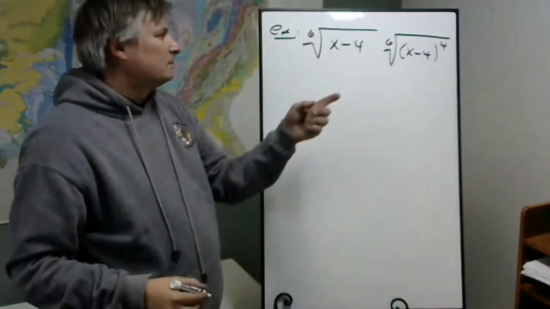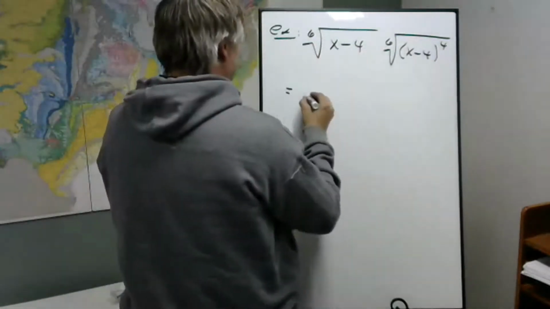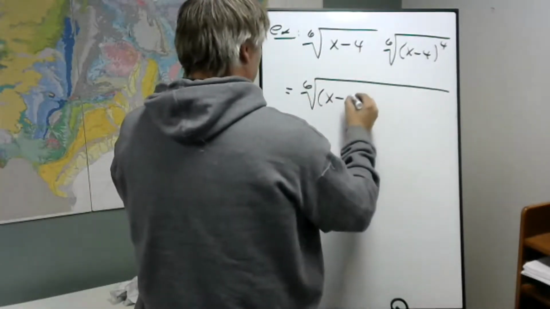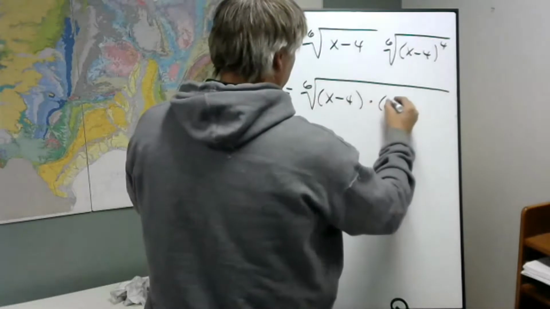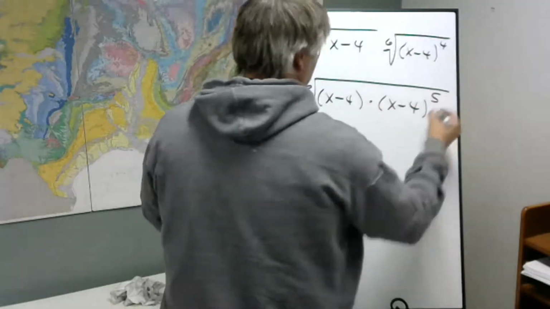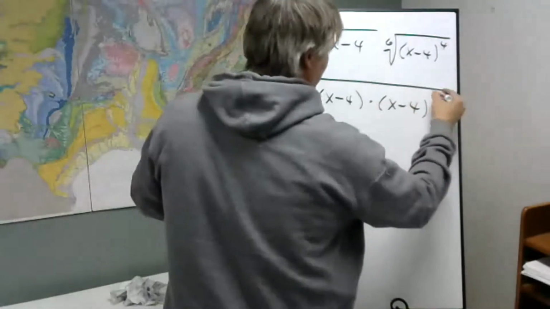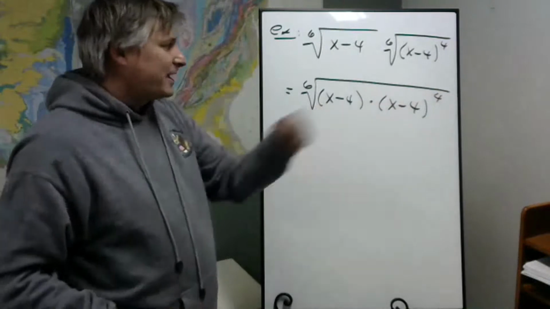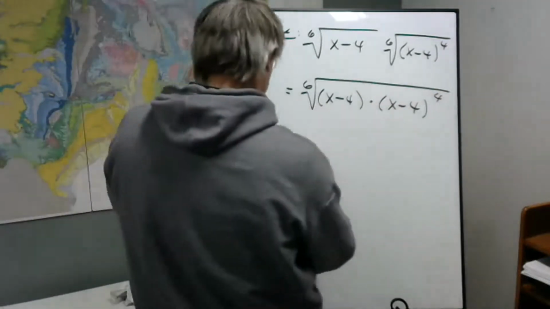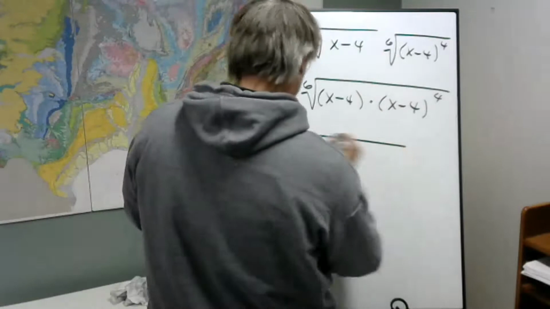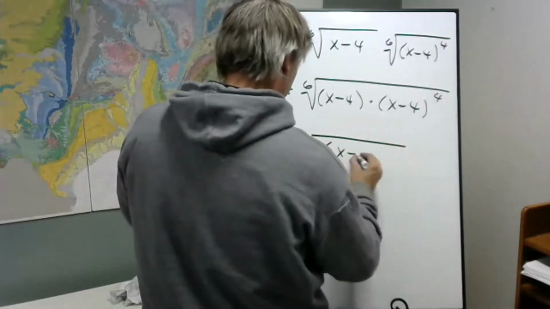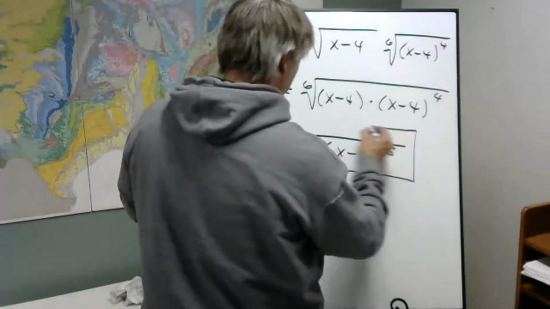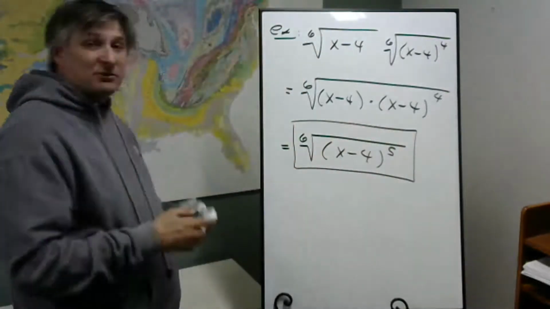So again, same roots, we can combine them. Getting a little ahead of myself. So x minus 4 times x minus 4 to the 4th. And that's going to be your answer.